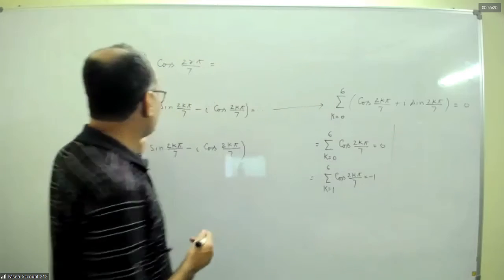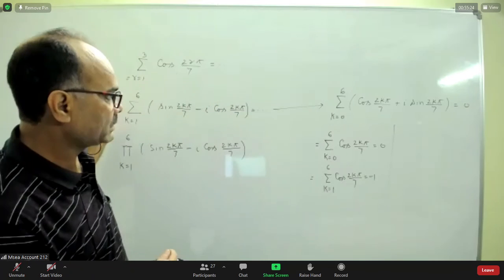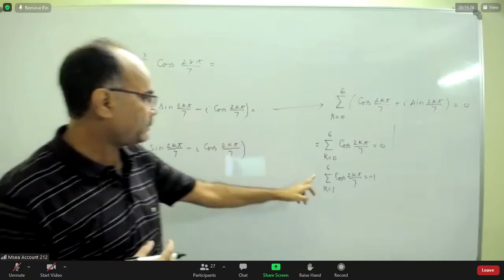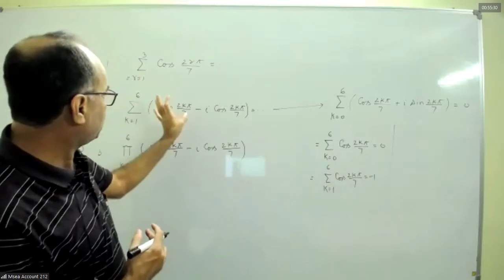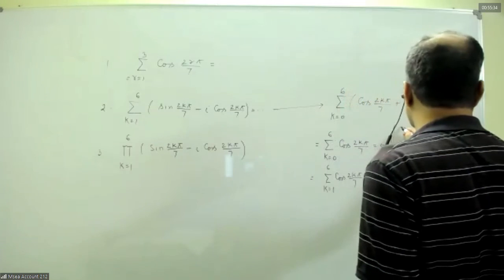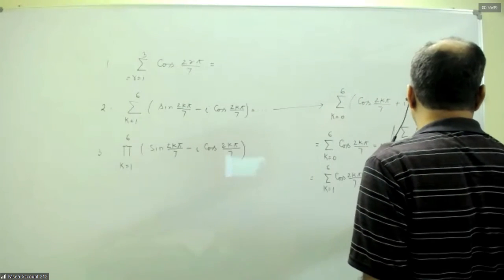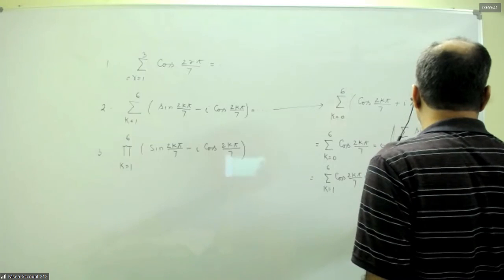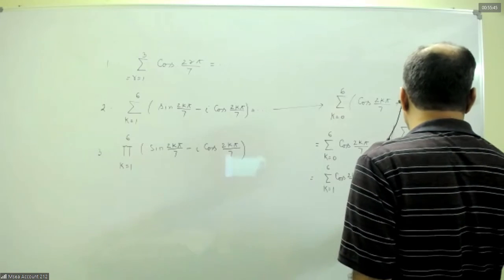Now take the imaginary part, only this part. Forget i. Minus i is outside. If you multiply with minus i, you'll get minus i. And the sum of this part will anyway be 0. The summation of sin 2k pi by 7 equal to 0, k going from 0 to 6.